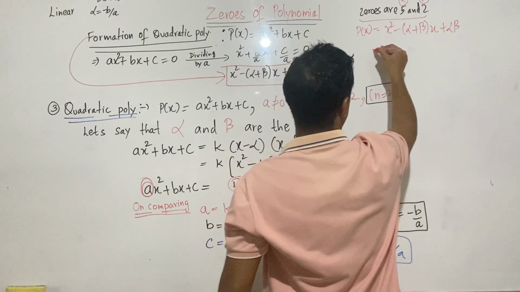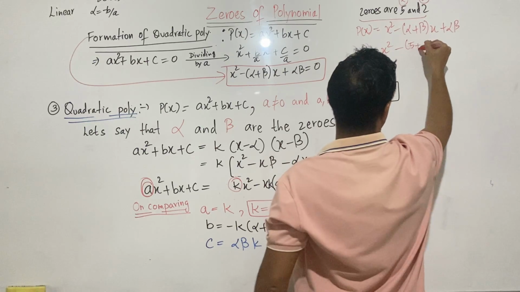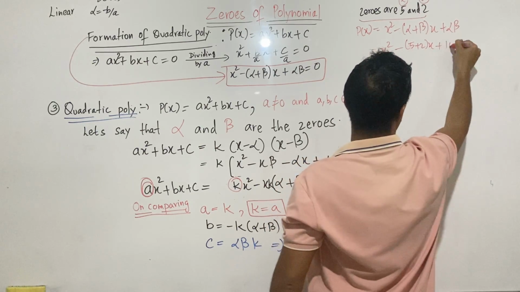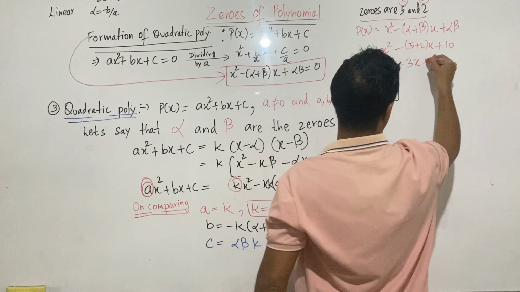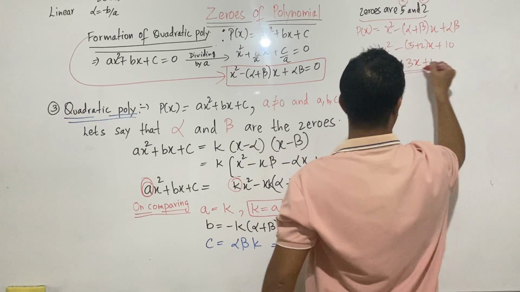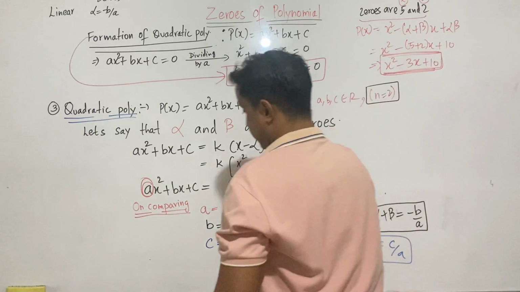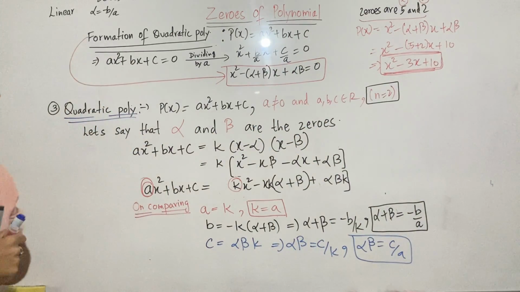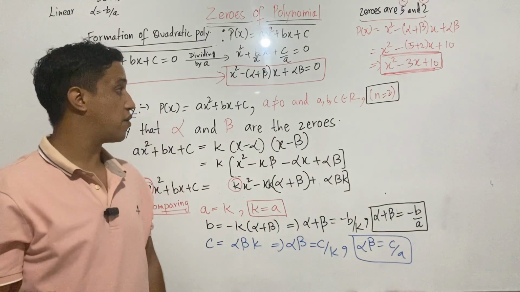So it would be x square minus 5 plus 2 x plus 10. So it will be x square minus 7x plus 10. So this is going to be your quadratic polynomial. I hope you got it. All right.